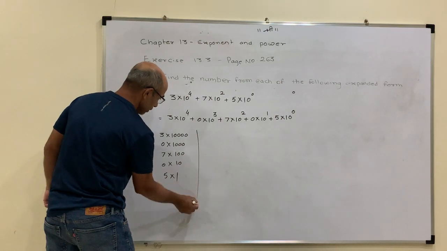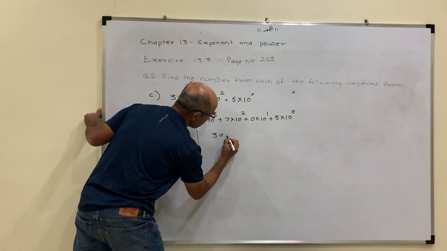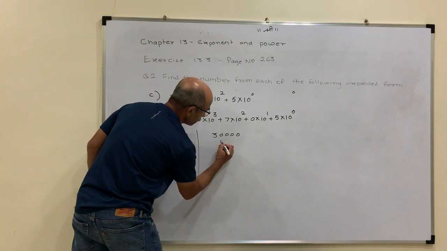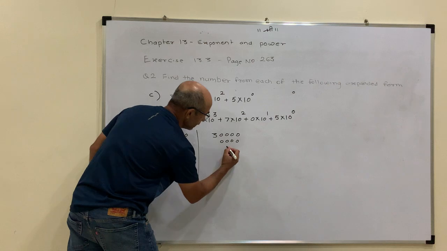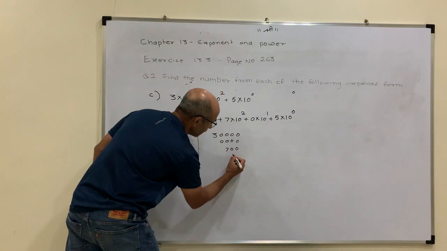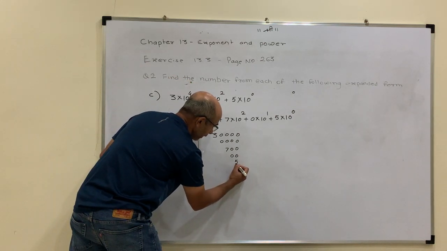So now to solve, 3 into 10,000 is 30,000. 0 into 1000 is 0. 7 into 100 is 700. 0 into 10 is 0. 5 into 1 is 5.